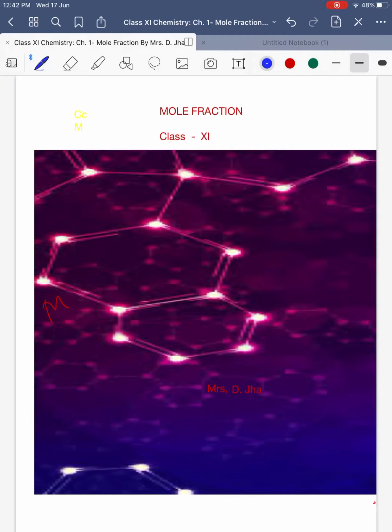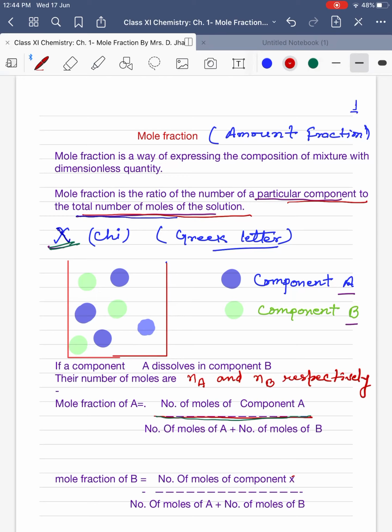Mole fraction of A is equal to number of moles of component A divided by number of moles of A plus number of moles of B. Mole fraction is denoted by the Greek letter chi, and mole fraction of A is equal to number of moles of A divided by number of moles of A plus number of moles of B.